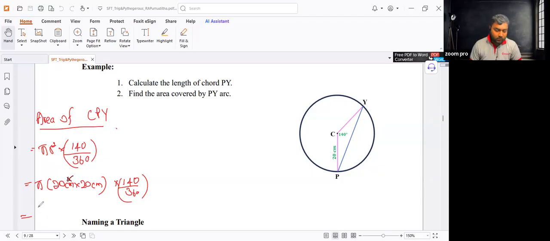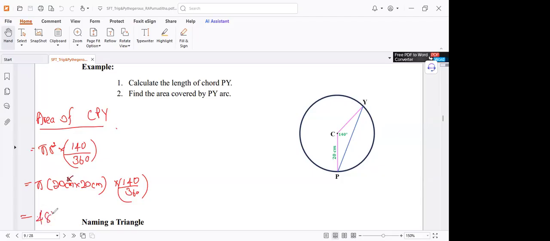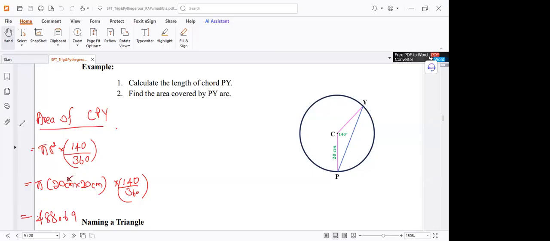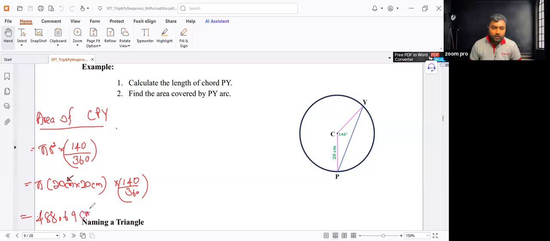What was the answer? Is it 488.69 or something? Yes, sir. Okay. Here, centimeter squared.